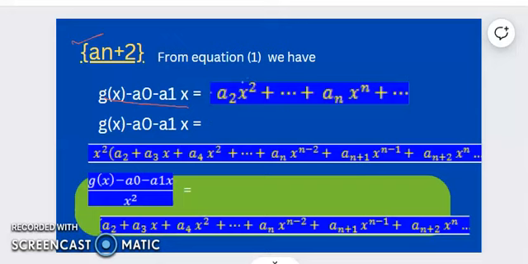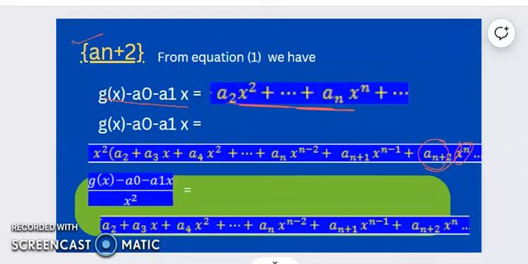Now we take x square common on the right hand side. Then the right hand side is x square times (a2 plus a3x plus a4x square plus and so on plus a_n x power n minus 2 plus a(n+1) x power n minus 1 plus a(n+2) x power n plus and so on). Here the x power n coefficient is a(n+2). That's why (g of x minus a0 minus a1x) by x square is the generating function for the sequence whose nth term is a(n+2).